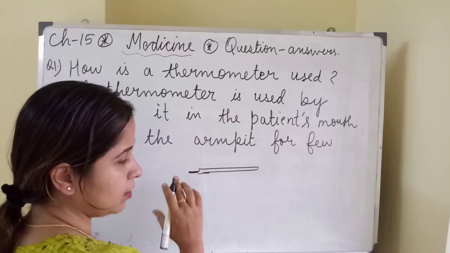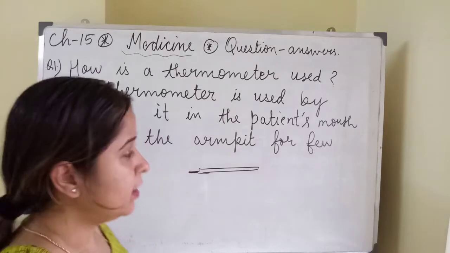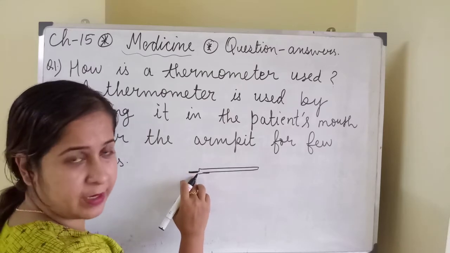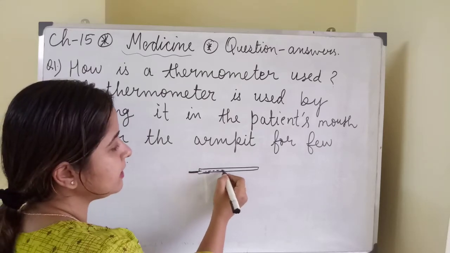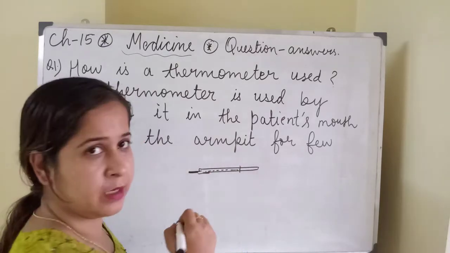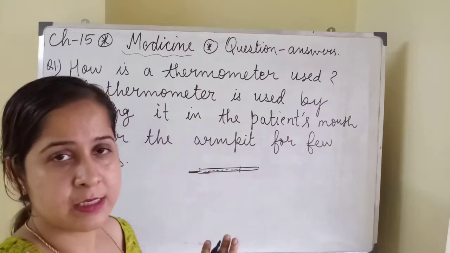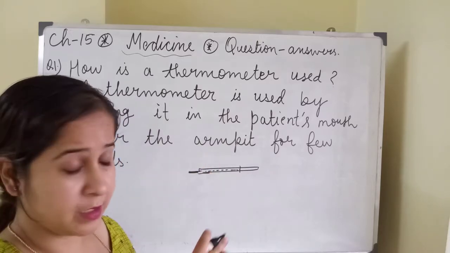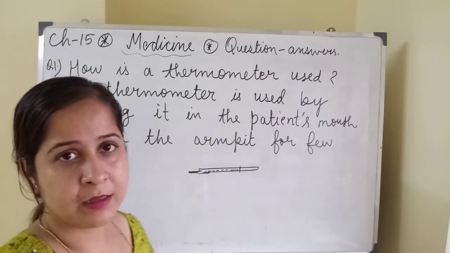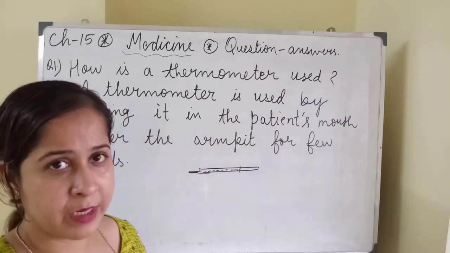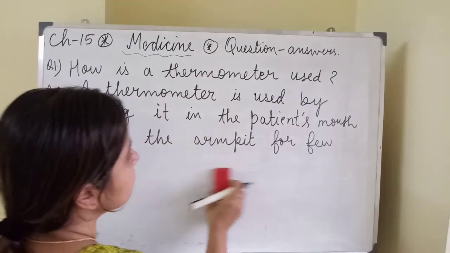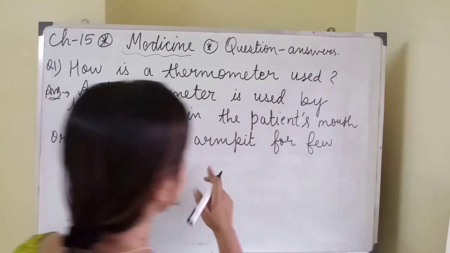After coming in contact with the skin, the mercury will start raising its level. The point where it stops is the temperature, whether it is 1 degree, 2 degree, 3 degree, whatever. This is all about how a thermometer is used. Please write this answer in the notebook.